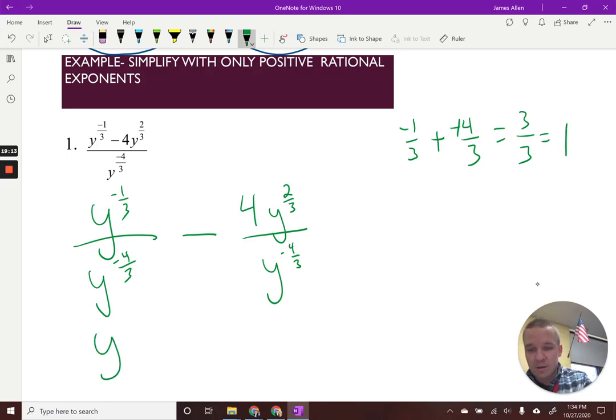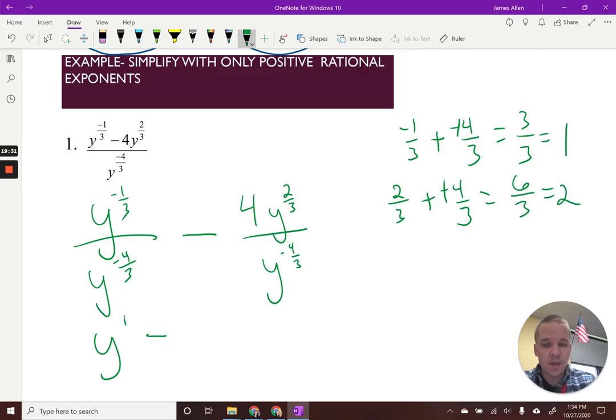So I'm going to get y to the first, which is just y, minus, and then I have 2/3 minus negative 4/3 becomes addition, right? And now I have 6 over 3, which is equal to 2.